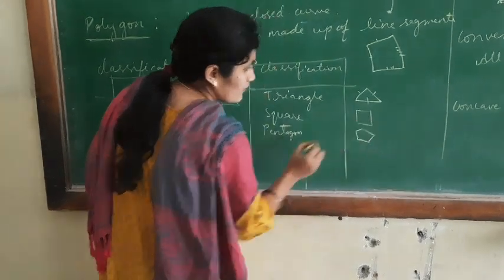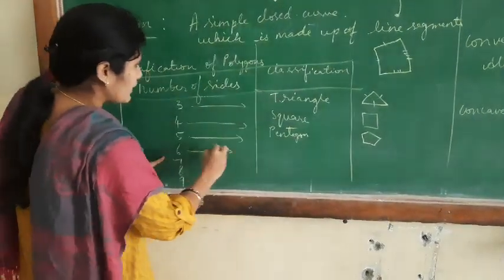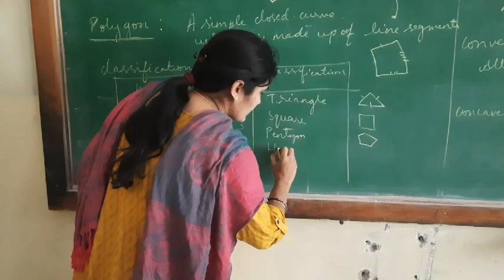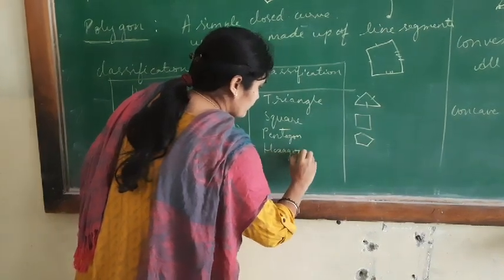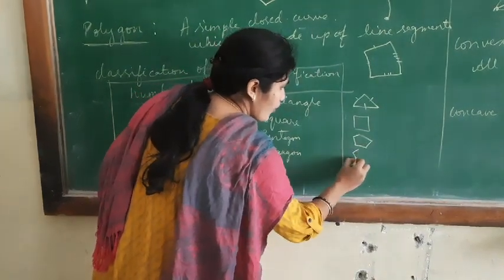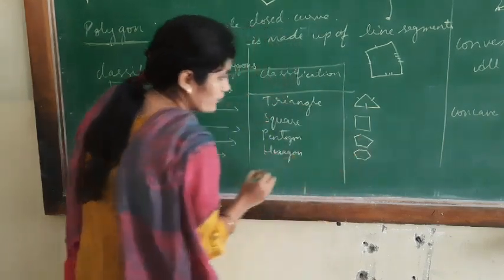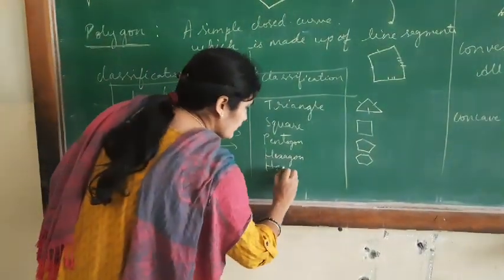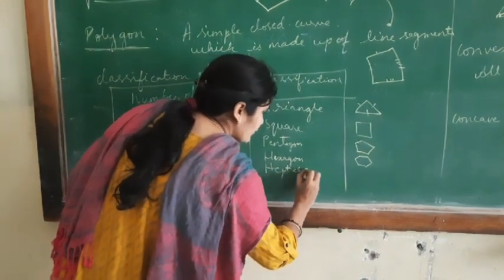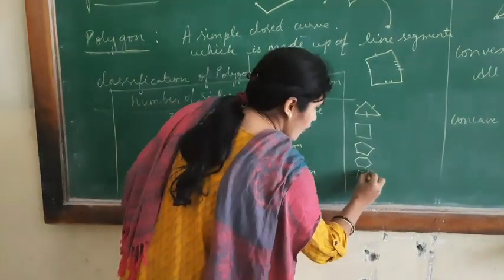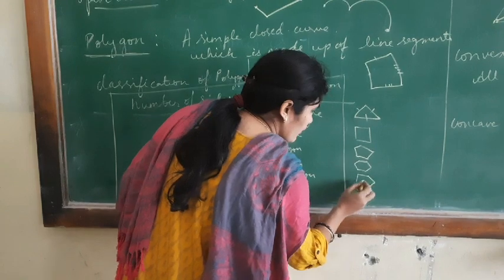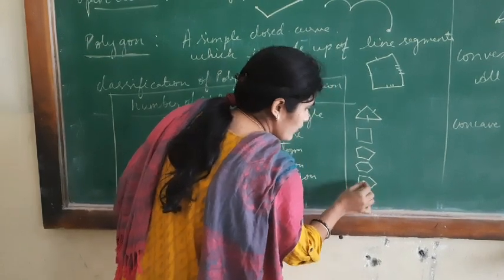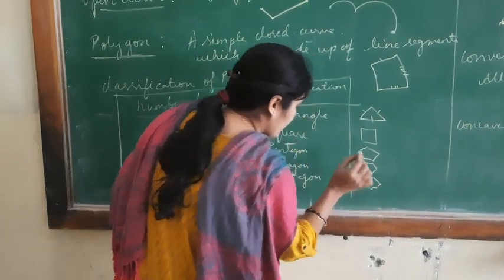Now, if it is a 6-sided polygon, then it is a hexagon. If it is a 7-sided polygon, then it is a heptagon. One, two, three, four, five, 6, 7.